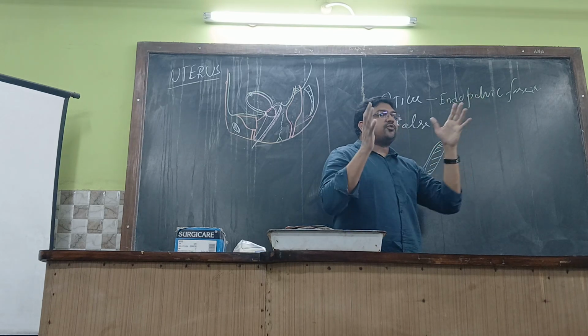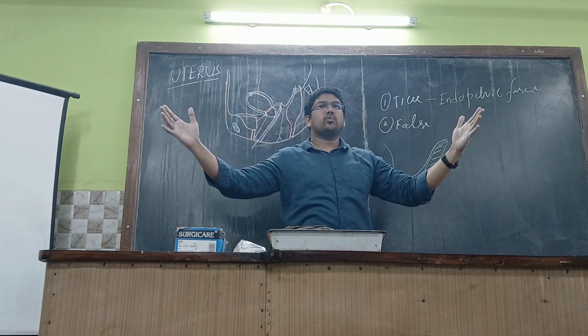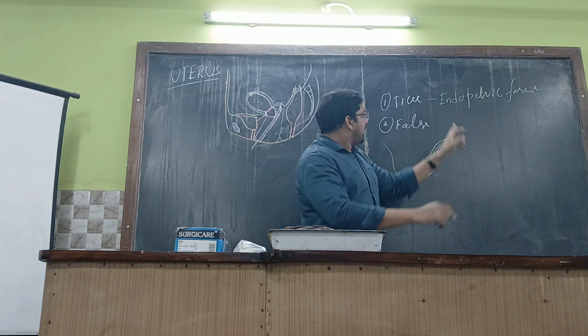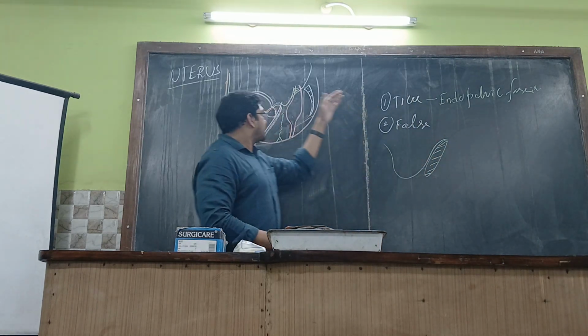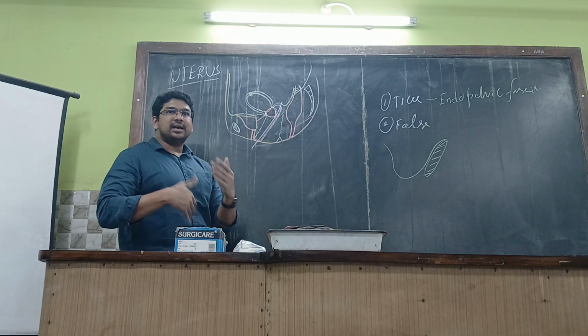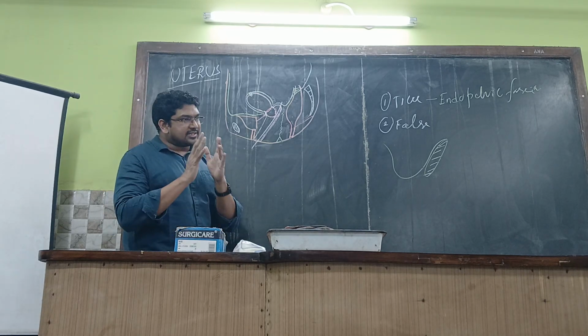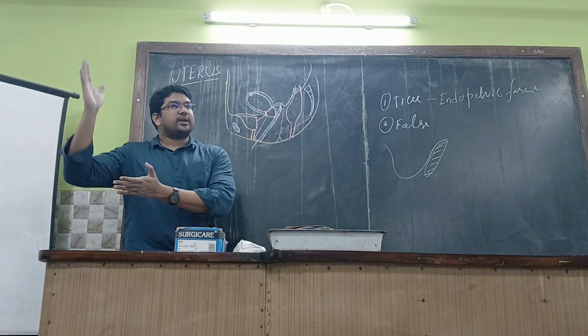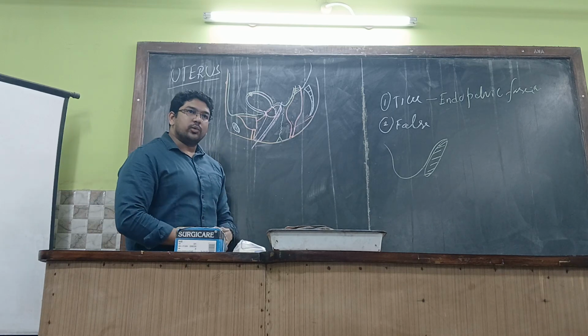The fascia covering the lateral wall and floor of the pelvis is the pelvic fascia, but the same fascia covering the organs is the endopelvic fascia. That is the only difference.